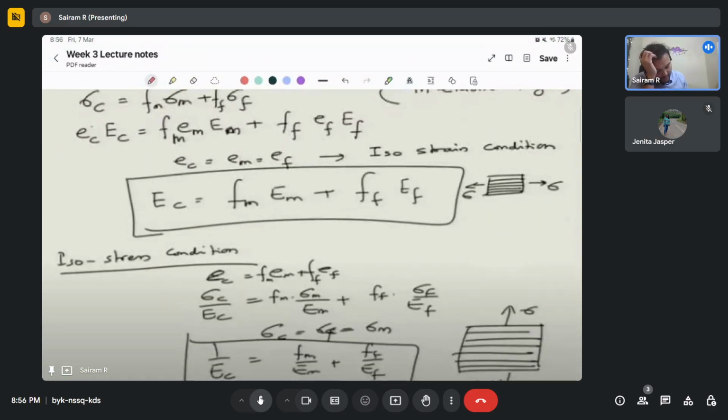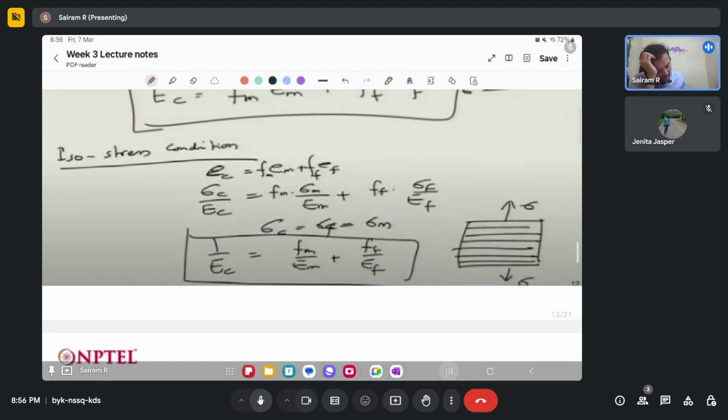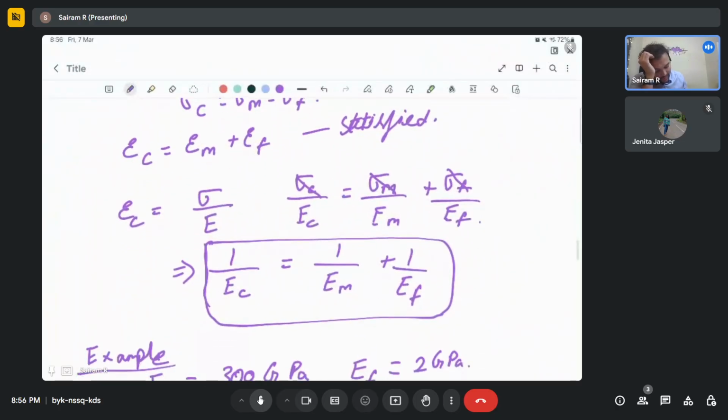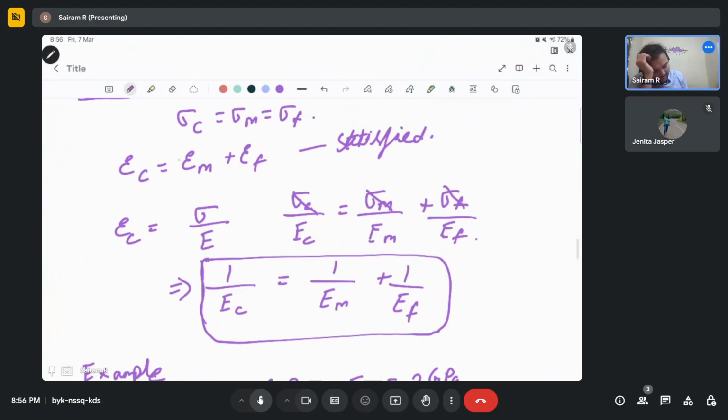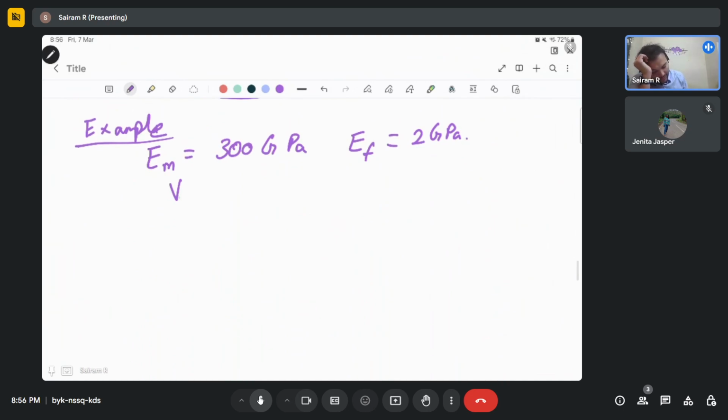From here we can see this is the case, and the same volume fraction is going to apply for our isostress condition as well. Okay, we'll continue the example. Let's say the volume fraction of the fiber or the reinforcement is around 30%.